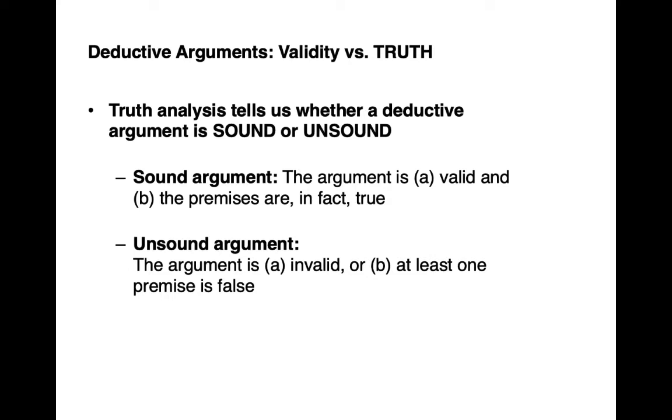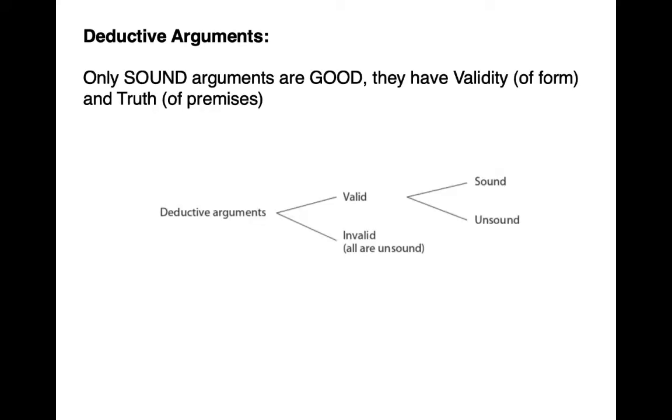I remind you what that is. A sound argument is one that's valid and the premises are true. An unsound argument is one which is invalid or at least one premise is false. So we're going to be looking here for valid arguments, and valid arguments with all true premises are called sound.